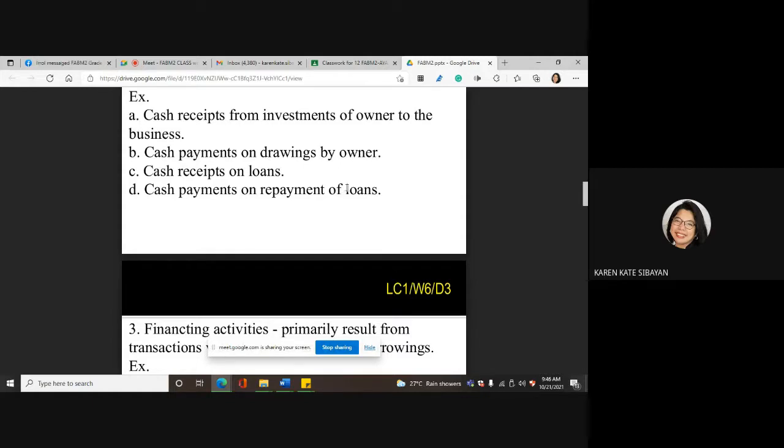So automatic minomonitor lang nito yung cash mo. Okay? Kung maganda rin pagkakaayos ng T account mo, mas madali yung mamomonitor. Okay? Ang madali lang to gawin kung naibigay sa inyo yung tamang sagot. For example, sa activity 1, I already give you the journal entry, di ba? Sa activity 2, hindi ko pa binibigay.